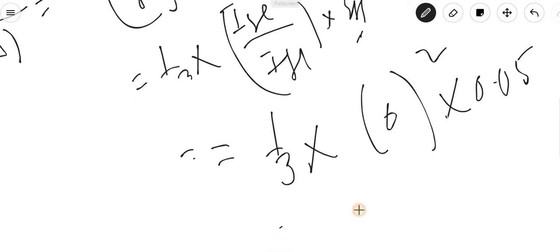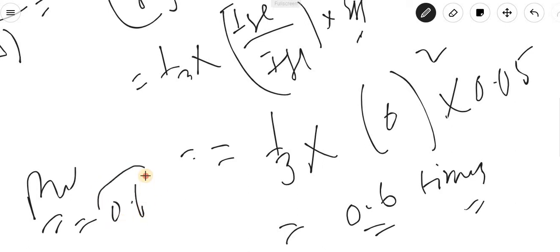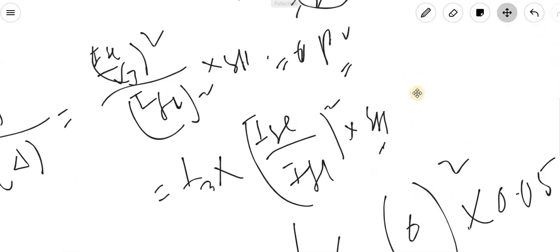So the ratio of starting torque is 6. If you compare delta switching and star switching, this is what it is.